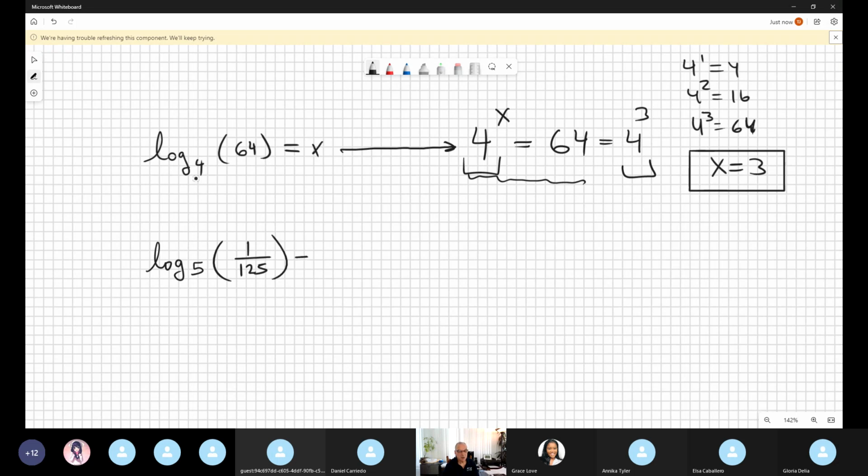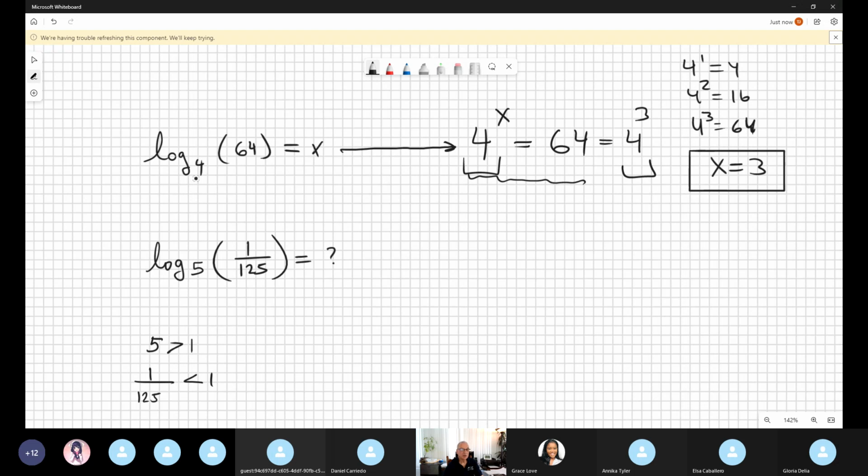Wow. This is really weird. So now, this is important. Keep in mind. The base is 5. 5 is a number bigger than 1. And inside the argument, we have 1/125 as a fraction, less than 1.